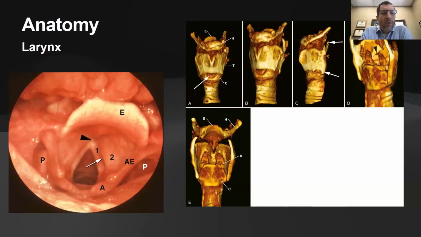When you look at the thyroid cartilage, and this is important when we're talking about surgical management of the airway, the vocal cords sit within that thyroid cartilage, right about the lower third, on the internal aspect of the larynx.